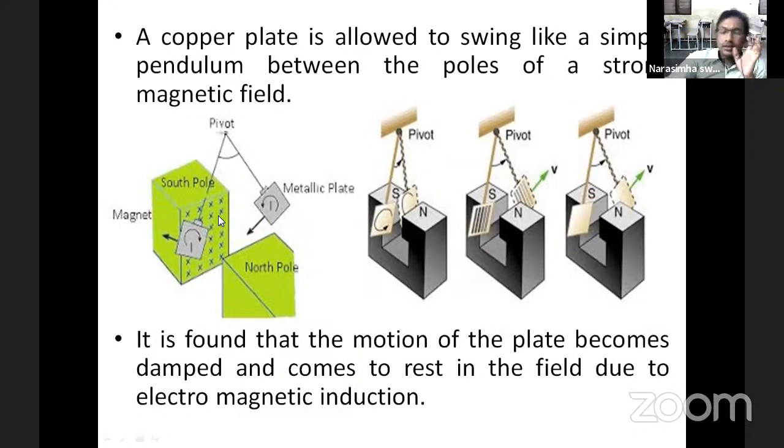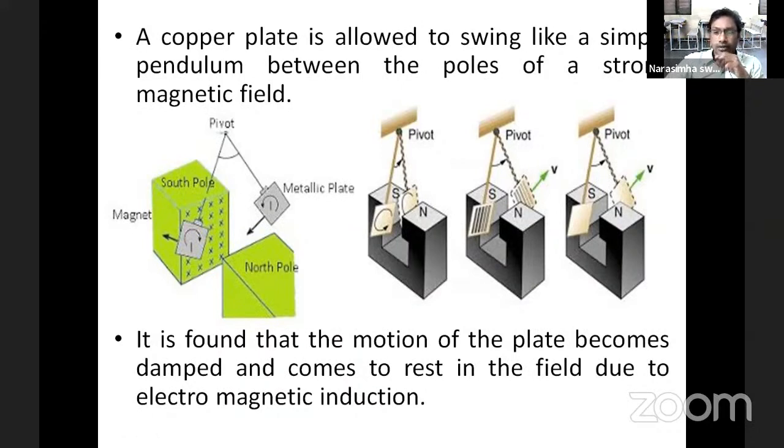Usually, with a simple harmonic motion, a simple pendulum arrangement, it continues to oscillate. For example, if the simple pendulum makes 10 oscillations per minute, and when the external magnetic field is kept like this, then per minute it may do only 4 oscillations.